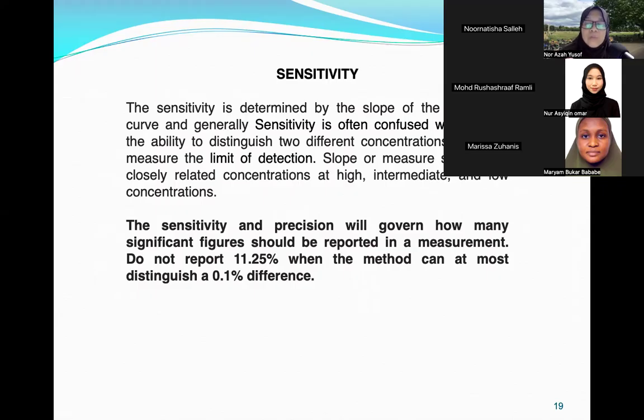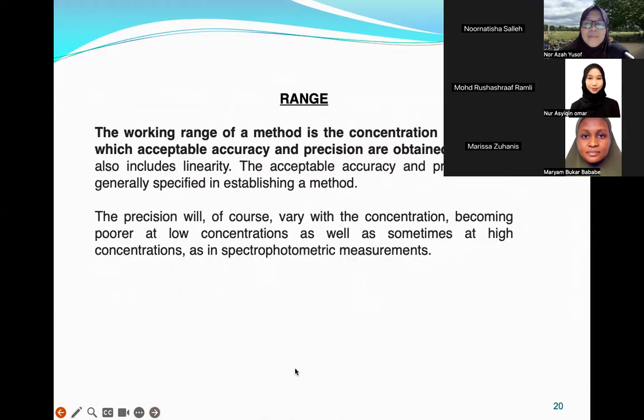Those values show how sensitive the method is that we choose or develop, so these values are important to show that your method is sensitive. The sensitivity and precision will govern how many significant figures. This one, just forget it. I prefer to say sensitivity is related to limit of detection and limit of quantification.